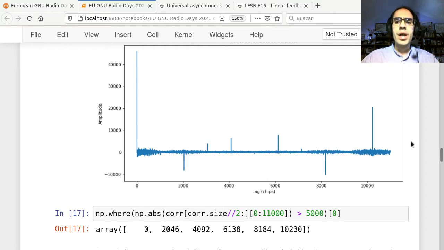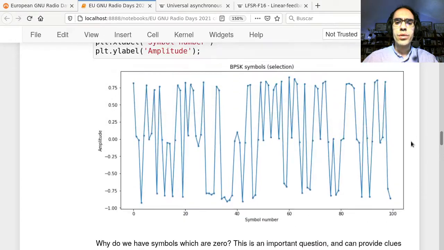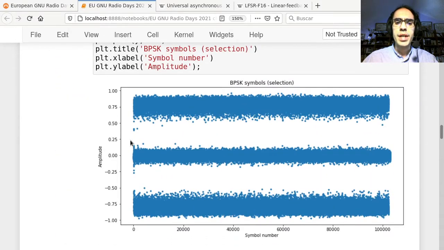And now I have to explain a sidetrack which I tried to follow to demodulate this data, and in the end it didn't work, but bear with me for a moment. So we know that there are repetitions of 1023 symbols, so we can divide it in blocks, and there are actually on the order of 60 different blocks in this data.